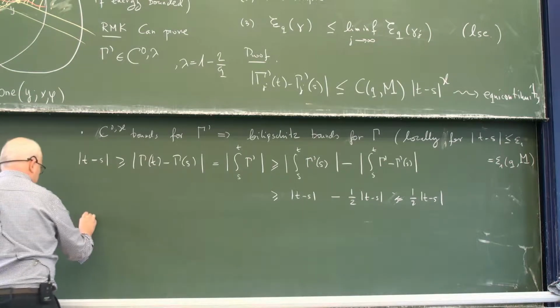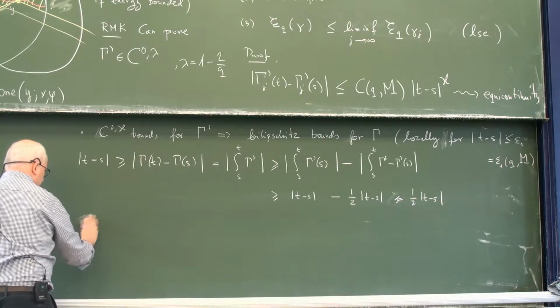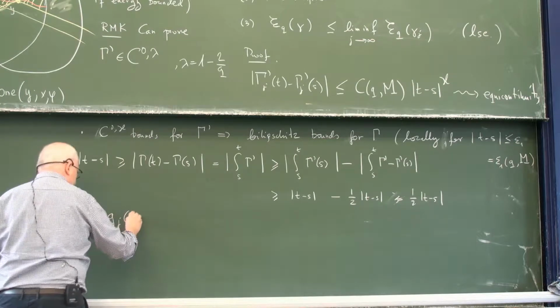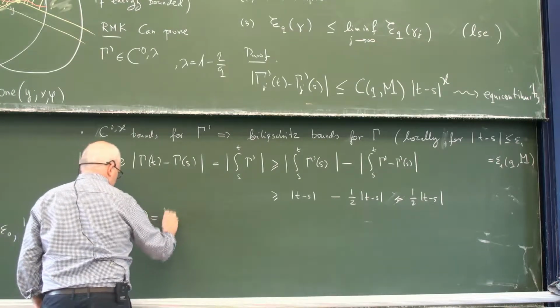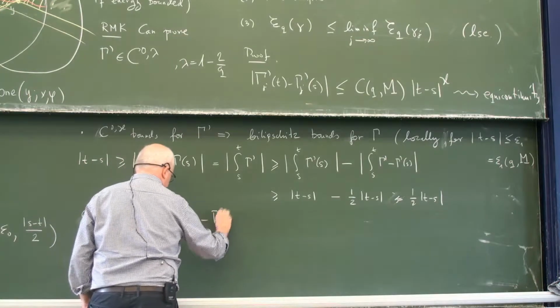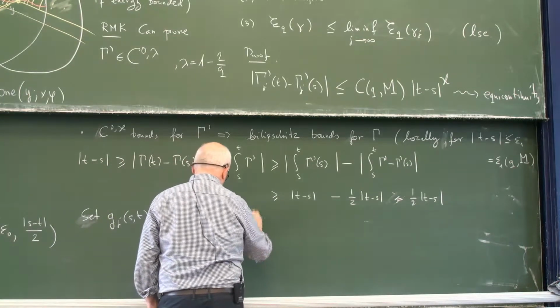And to this end, I consider a function of two variables, g_j of s and t, equal for convenience to the square of the difference between gamma j of s and gamma j of t.